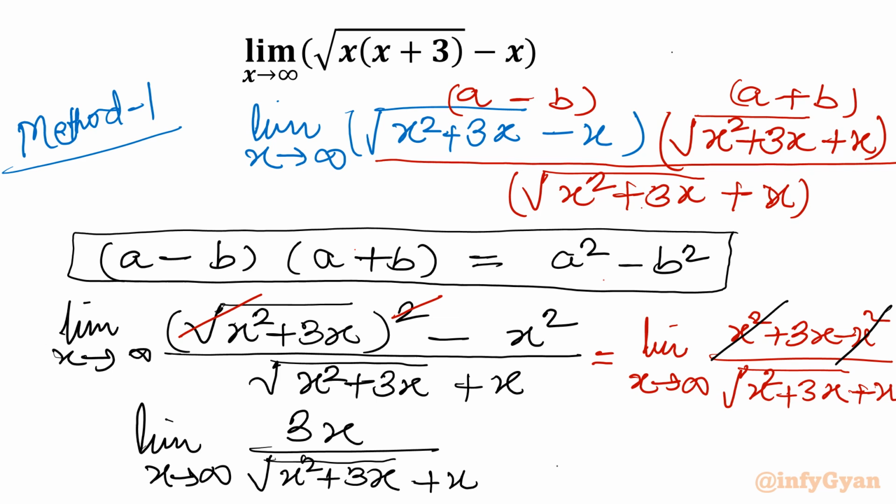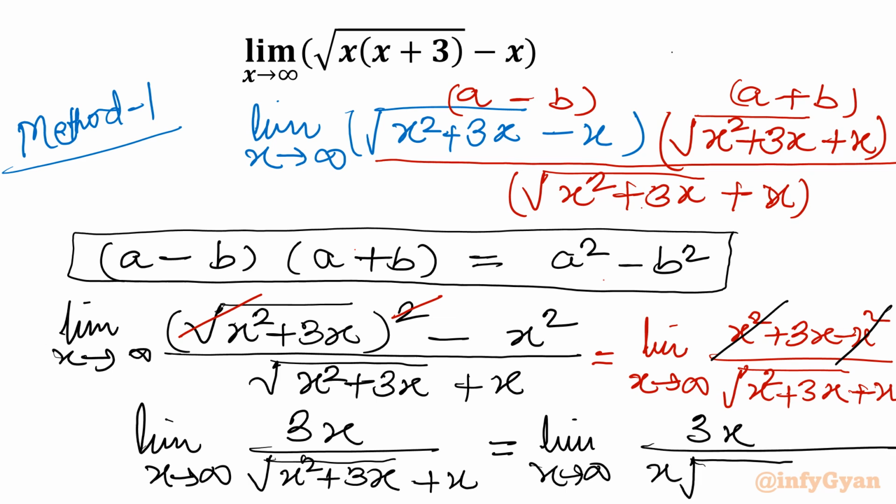Now you can see if I take x common from the denominator, it would be x times square root of 1 plus 3 over x, and then plus x. Now I will take division in numerator and denominator with x, or we can take x common from the denominator.